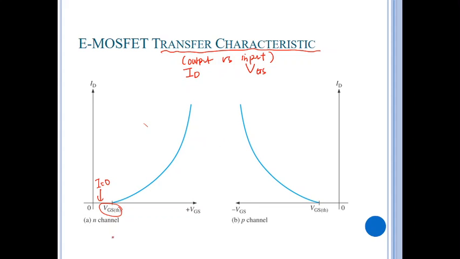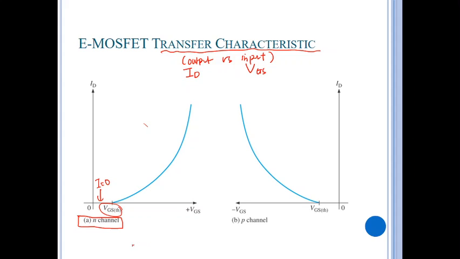In this slide, it's showing two transfer characteristics. What is the difference? The difference is the type of the EMOSFET. Until now, I have only explained the N-channel EMOSFET.